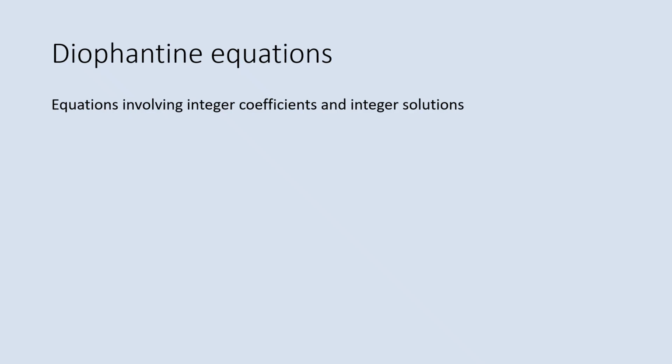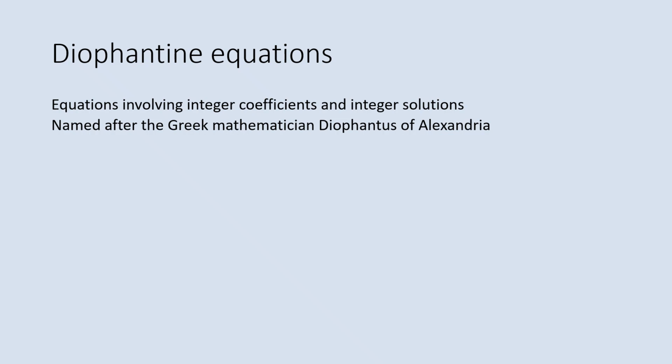And since Diophantine equations are named after the Greek mathematician Diophantus, we're usually looking for positive integer solutions. I said since it's named after Diophantus, in ancient Greek mathematics, zero and negative numbers were not part of the traditional mathematical setting.